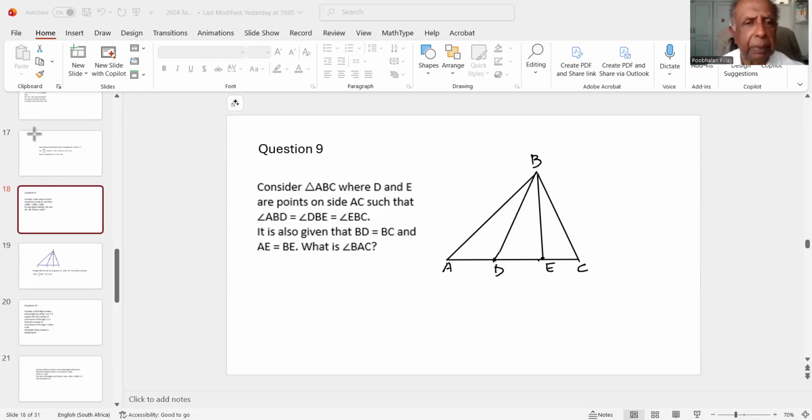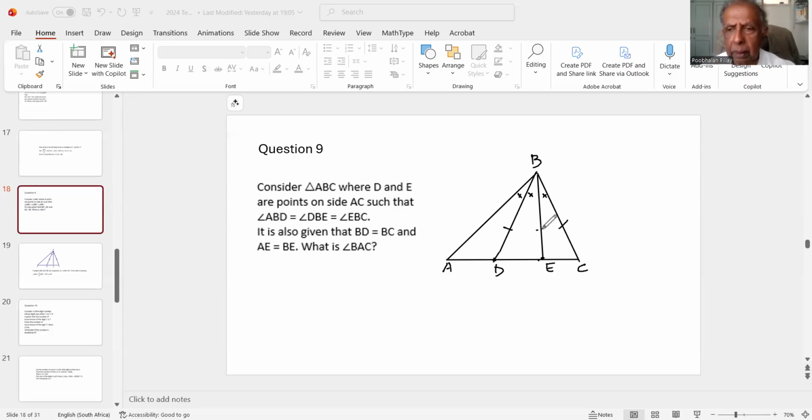That this angle, the angle B, is trisected, or it's divided up into three equal parts. So let's call these angles X, X, X, right? Okay, it is also given that BD equals BC. And AE is equal to BE.